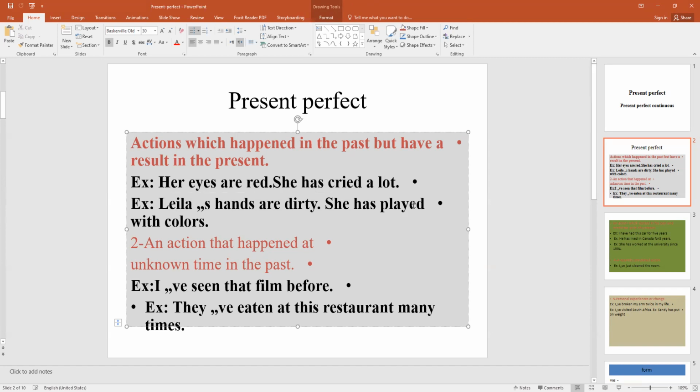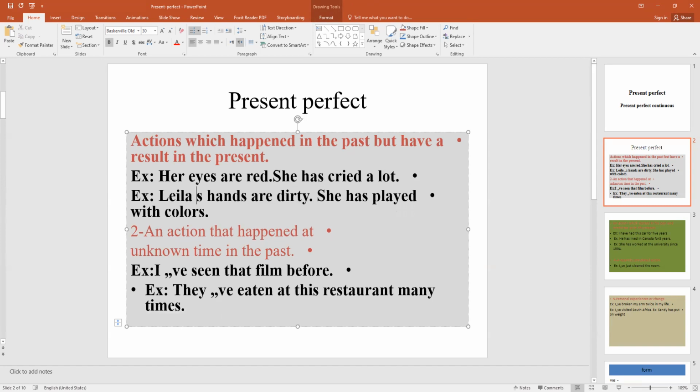Let's move to example 2. Layla's hands are dirty. She has played with colors.